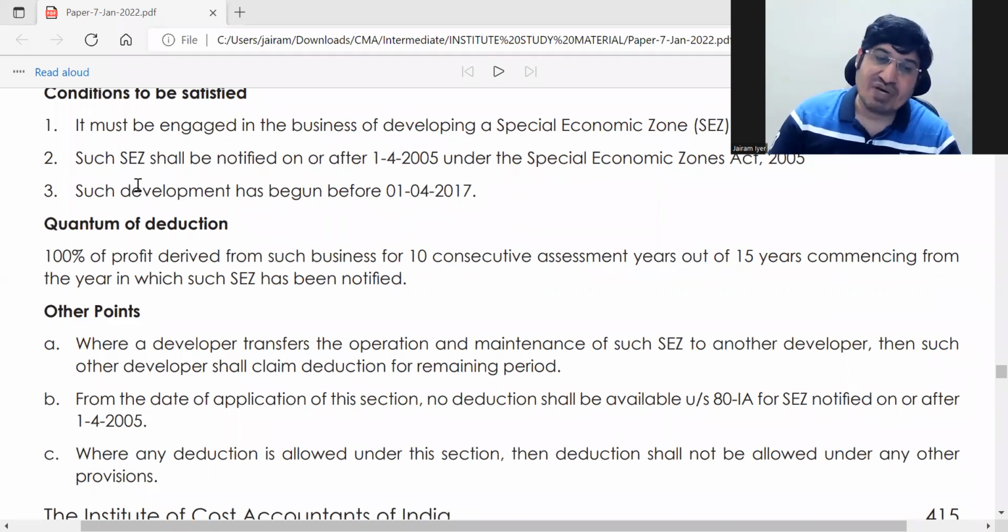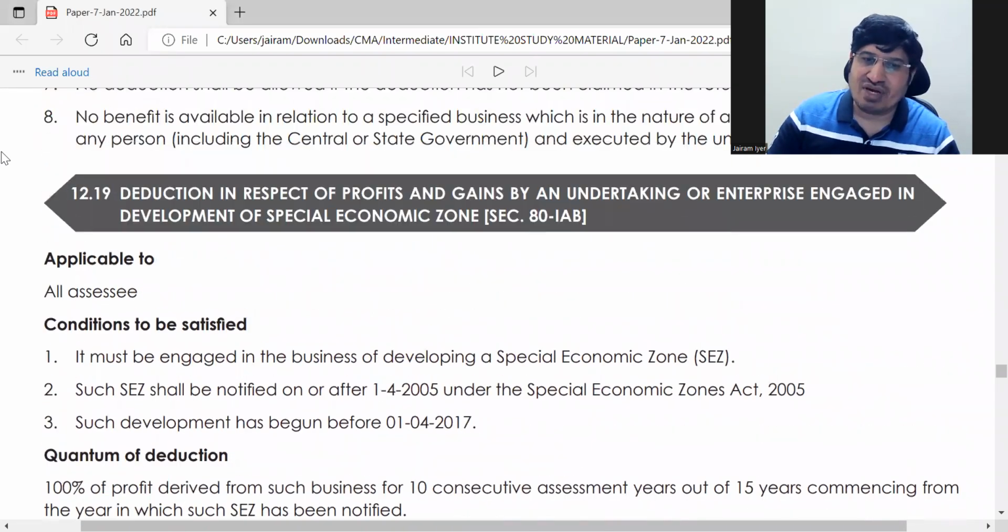Then what is main here, because there also, as I told you, you had developing and maintaining, developing, maintaining and operating, and the third was only maintaining or operating. Those three conditions were there.